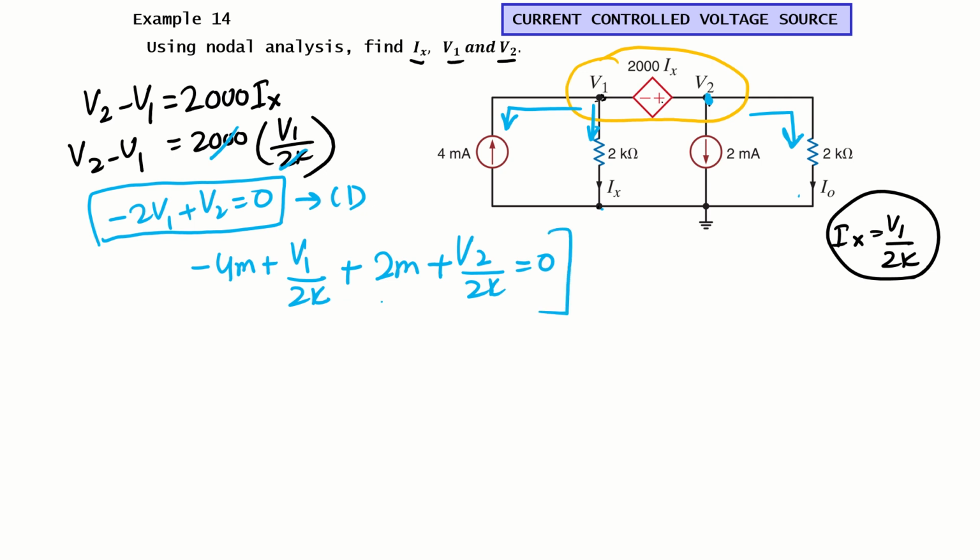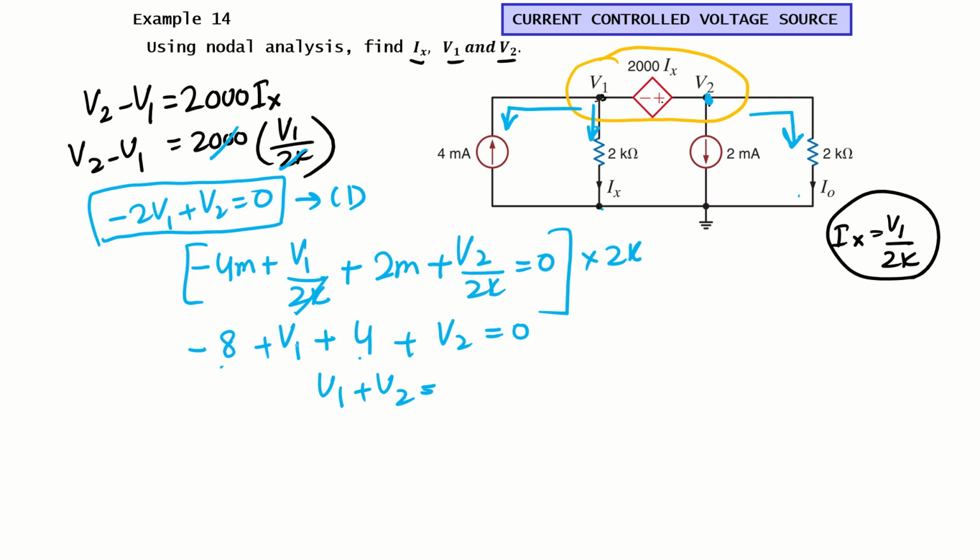Let's simplify this by multiplying with 2k. Minus 4 times 2 is minus 8, k and milli cancel, 2k cancels, plus V1. 2 times 2 is 4, plus V2 is equal to 0. So we have V1 plus V2 minus 8 plus 4 equal to 0, so V1 plus V2 is equal to 4. So two equations, two unknowns.